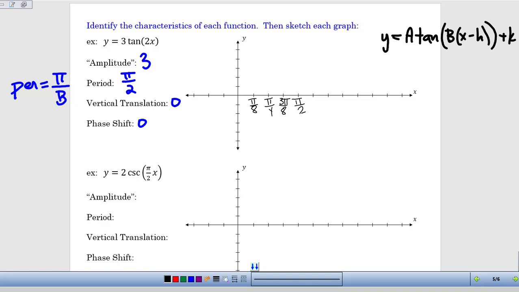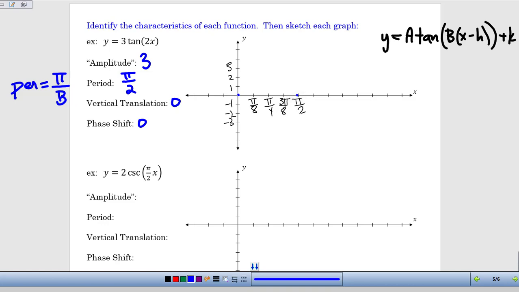Along the y-axis, since we have an amplitude of 3, we can count by 1, so we can go 1, 2, 3. And again, that amplitude is going to be the location of those points that are halfway in between the asymptotes and the zeros. And so if we go back to our parent graph, tangent starts its cycle at 0, which means it has to end its cycle at 0.